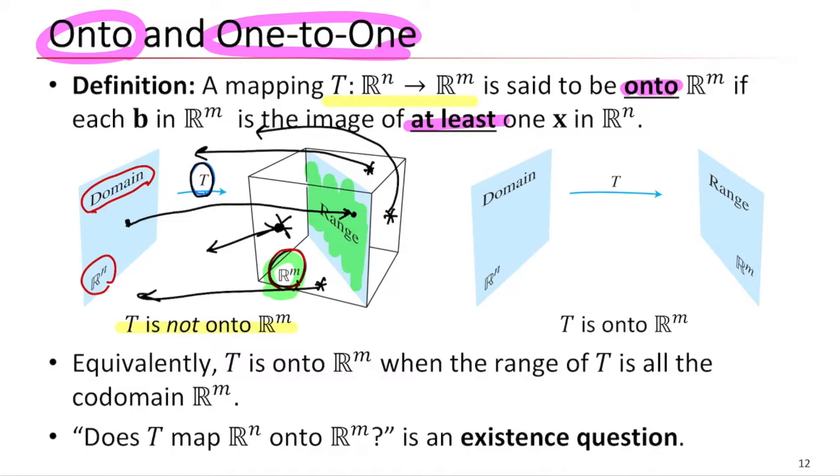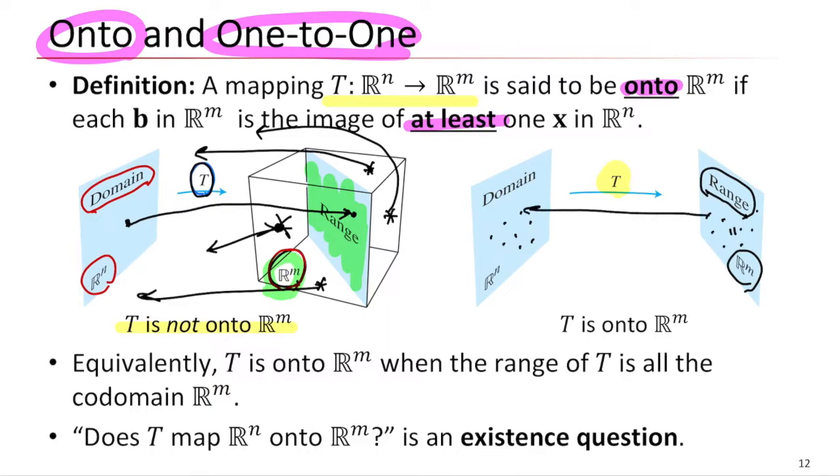What about the right hand side? As you can see here, the range of the output of the transformation is exactly the same as the Rm space. Any point in the Rm space can be derived from the domain or input space.